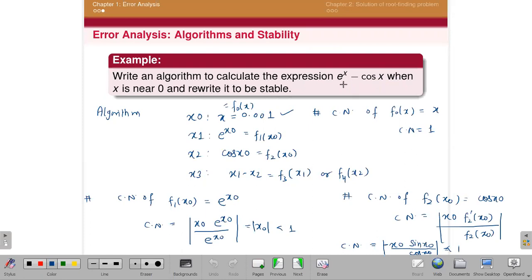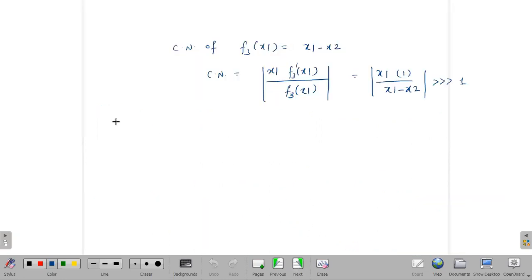So how to rewrite this expression? Ma'am, we can use series. Yes, you can open the series, this is the only thing we can do. So f of x, to make it stable, f of x will be e raised to power x minus cos x.